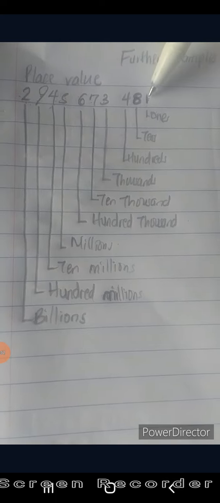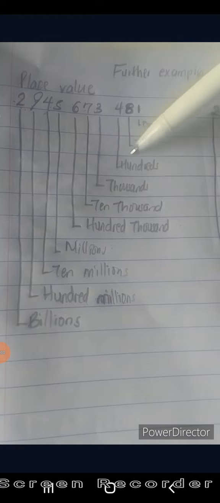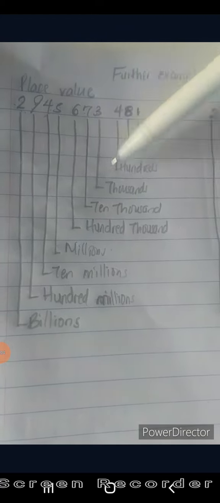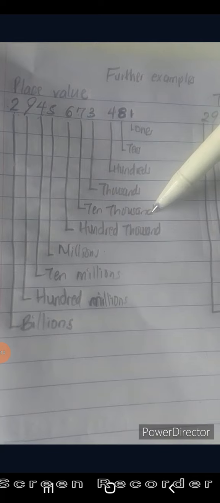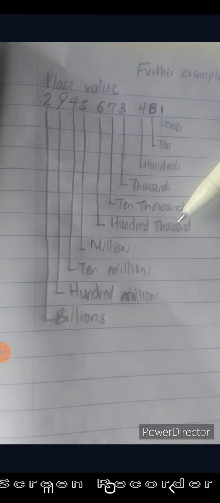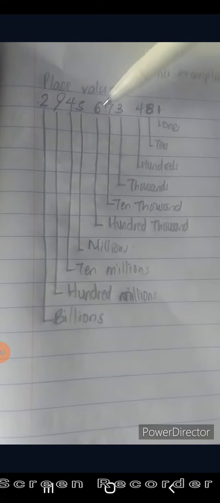We start from right going to left. 1 is under ones, 8 is under tens, 4 is hundreds, 3 is thousands, 7 is 10,000, or you can say tens of thousands. 6 is 100,000. You can just say hundreds of thousands or just 100,000s.